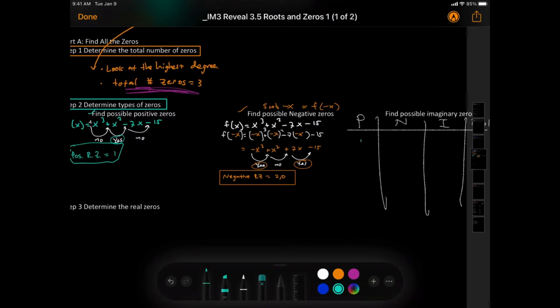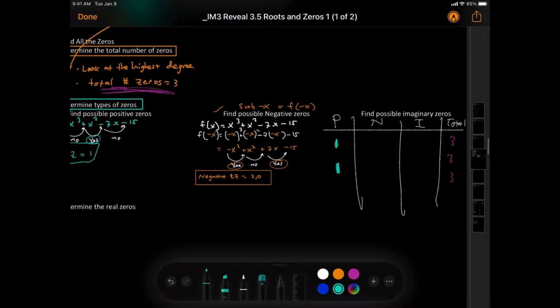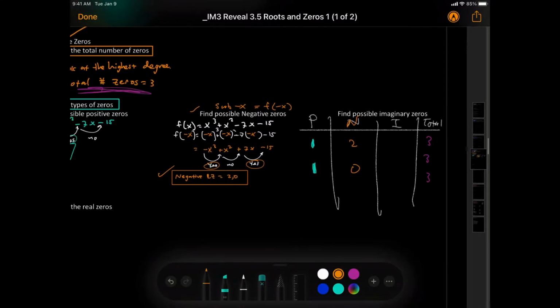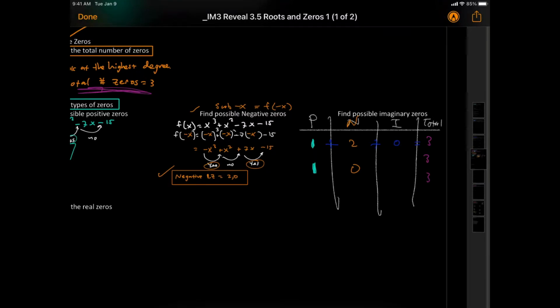We have 1. I'm going to put it twice, and the reason why I'm doing twice is because for the negatives, you have either 2 or 0. Now, let's go ahead and fill this out here. That means for our imaginaries, we add these. 1 plus 2 plus 0, or 1 plus 0 plus 2 equals 3.